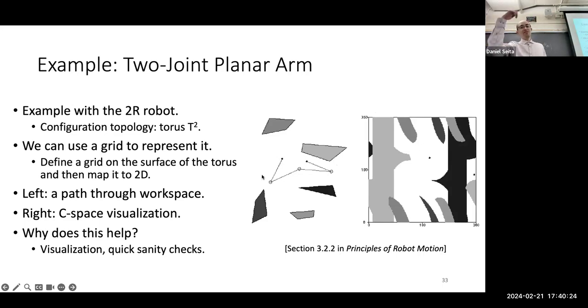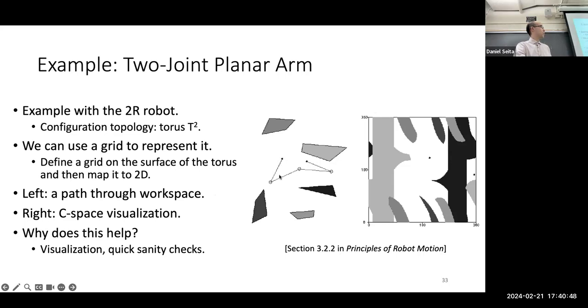You can think visually about how the robot would move. What happens if you try to go from the start to the end? There's going to be an obstacle, right?